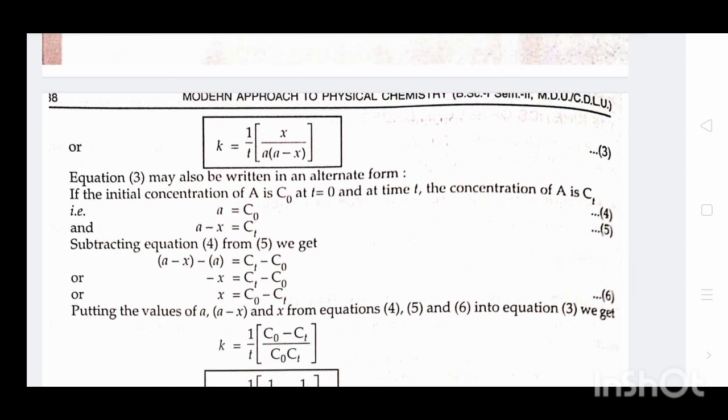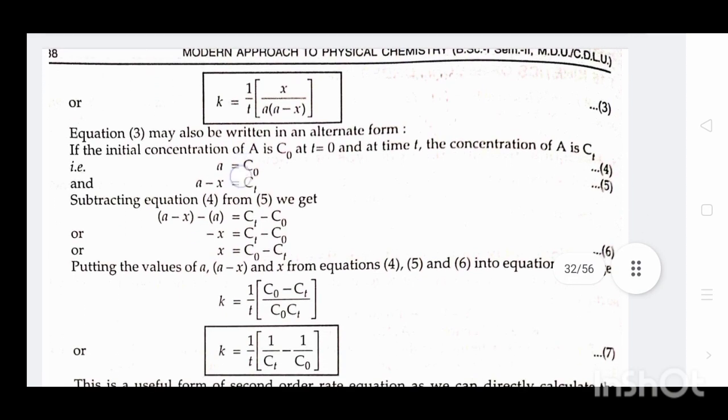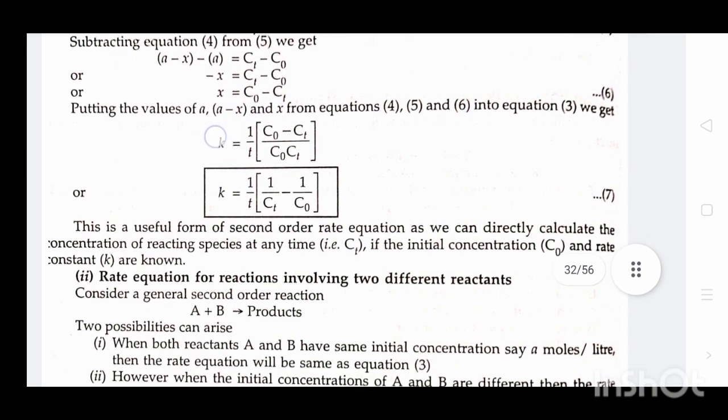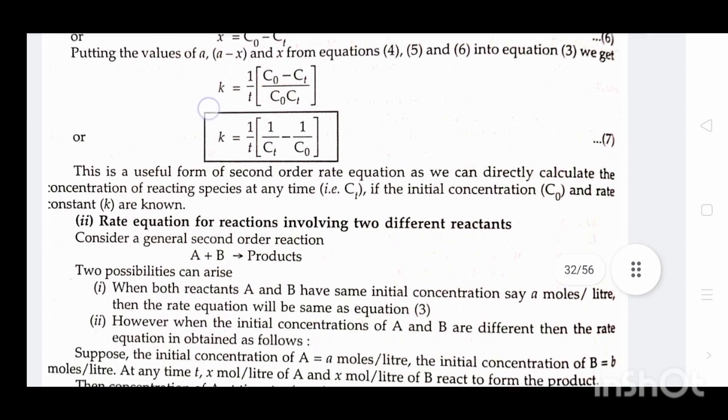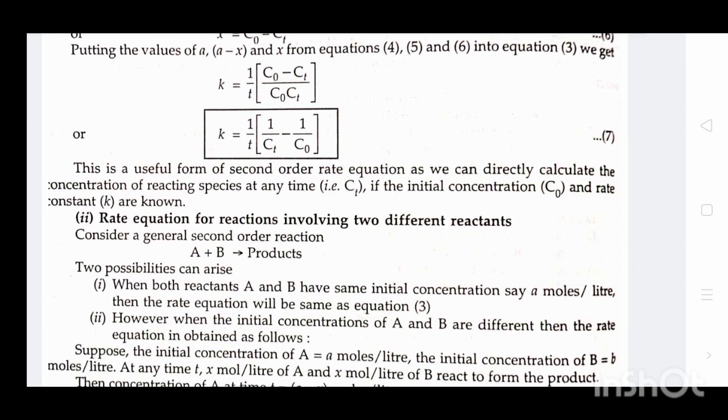Equation 3 may also be written in an alternate form: k equals 1 by t times bracket 1 by C of t minus 1 by C naught. This is a useful form of the second order rate equation as we can directly calculate the concentration of the reacting species at any time if the initial concentration and rate constant are known.